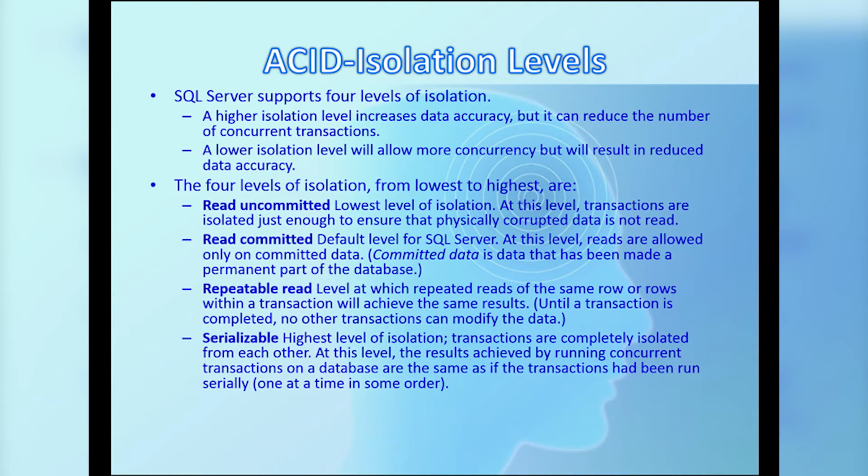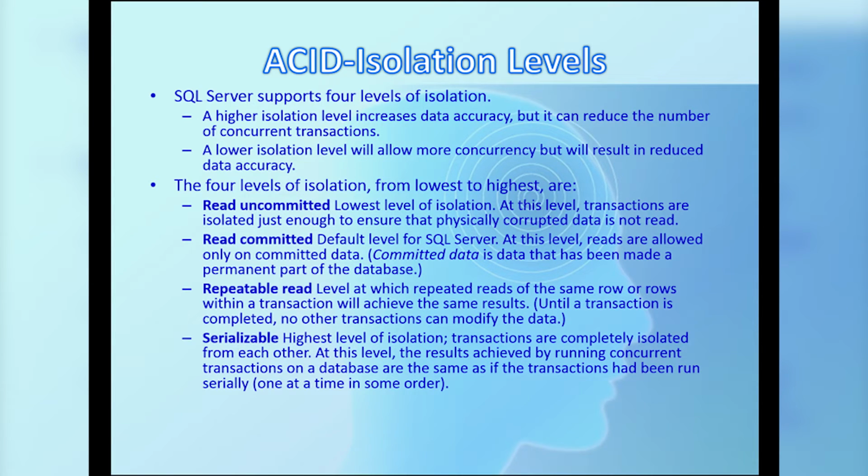ACID isolation levels. SQL Server supports 4 levels of isolation. A higher isolation level increases data accuracy, but it can reduce the number of concurrent transactions. A lower isolation level will allow more concurrency but will result in reduced data accuracy.